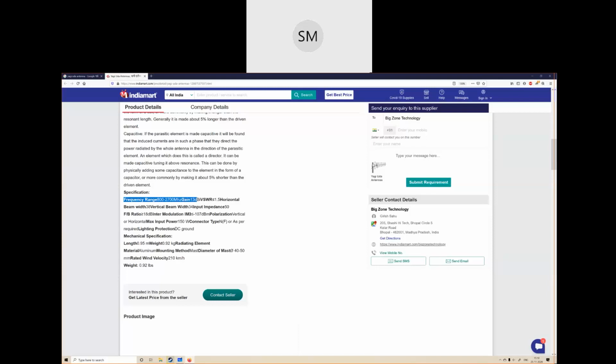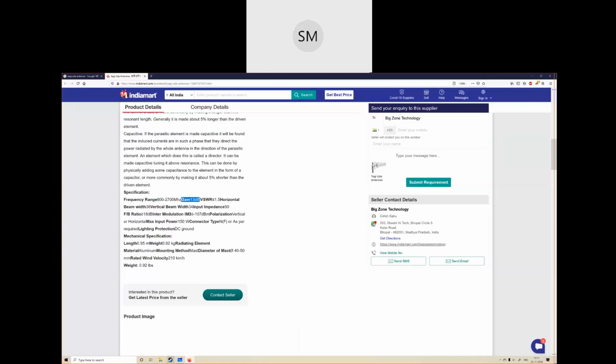I think it covers all the GSM frequency, right? It fully covers the GSM band. This is not for TV, okay? The original analog TV frequency range is much less. So this is for GSM.